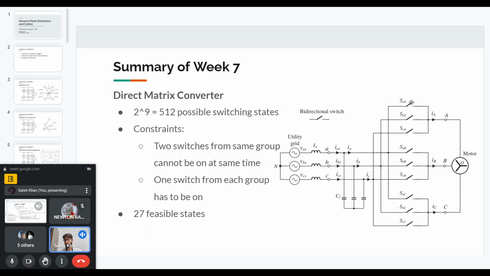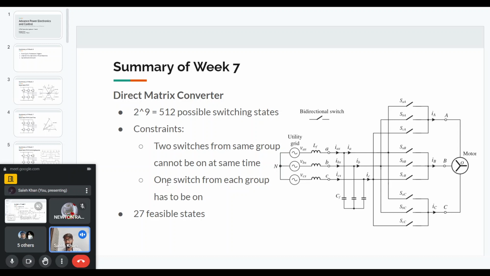So in each switch group we cannot turn on more than one device. At the most we can turn on one device. So if SAA is on, then we cannot turn on SBA and we cannot turn on SCA. So that is the first constraint.